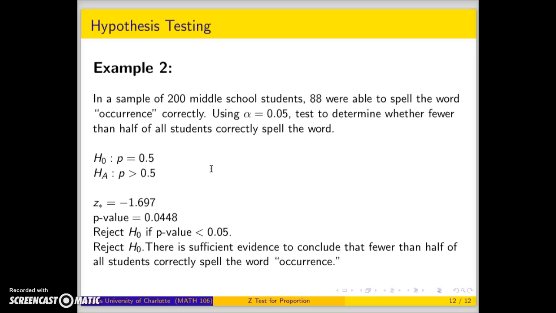So using an alpha level of 0.05 to compare, we reject H0 if p-value is less than 0.05. So our p-value in this case is less than 0.05. So we reject H0. There is sufficient evidence to conclude that fewer than half of the students correctly spelled the word occurrence.